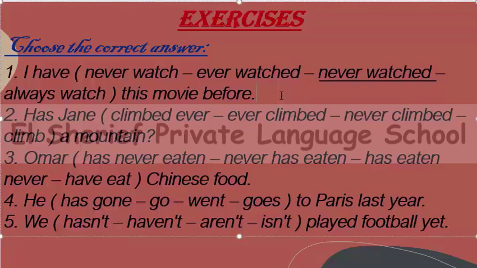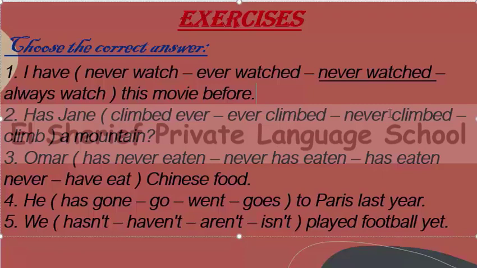Okay. Number 2, has Jane climbed, ever climbed, never climbed, climb a mountain? This is a question in the present perfect. Has Jane. So we will choose the past participle. So we can't use climb. Here we have climb, ever climbed, never climbed. We said that never comes in the negative sentence.